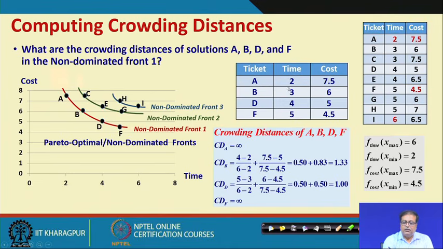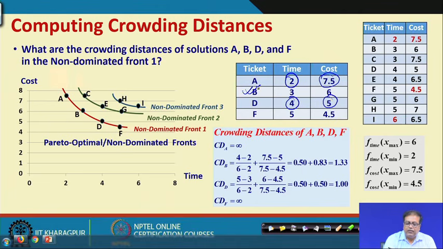So, you see these are the values to compare, 2 and 4 and 7.5 and 5, to be obtained for B. So, 4 minus 2 over 6 minus 2, plus 7.5 minus 5 over 7.5 minus 4.5. So, it comes to 1.33, that is the crowding distance for B.